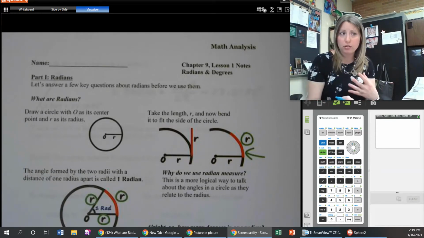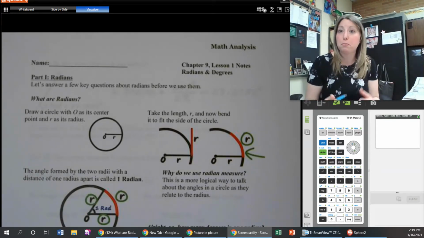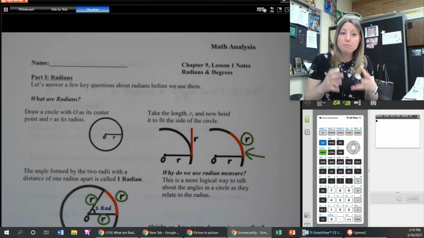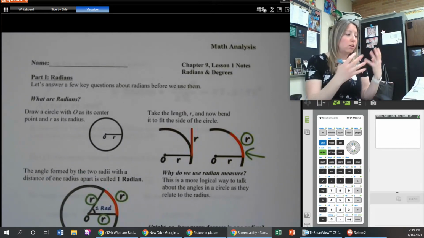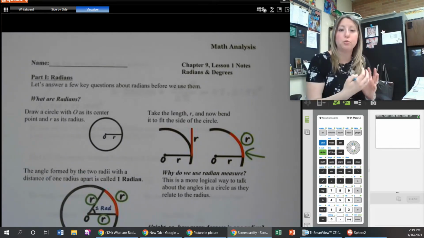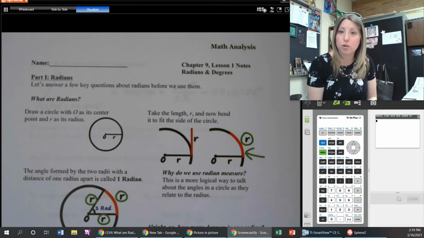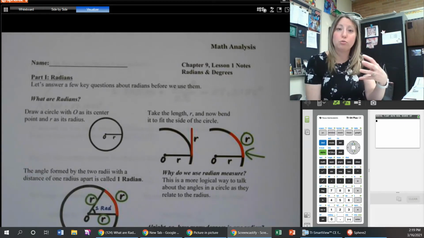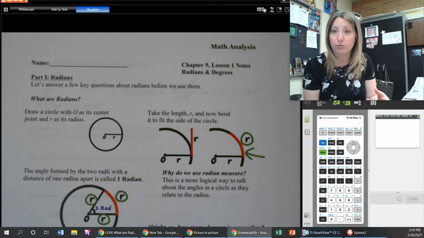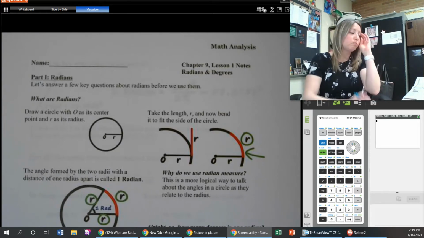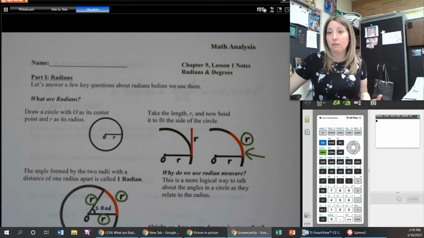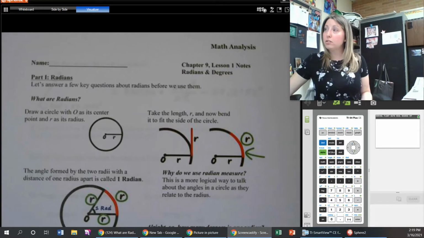And because the person doing it does speak very fast, I'm then going to go through each of the key points of the video to make sure you understand. And then we'll start to do conversions from radian angle measure to degree measure and vice versa, back and forth, right?